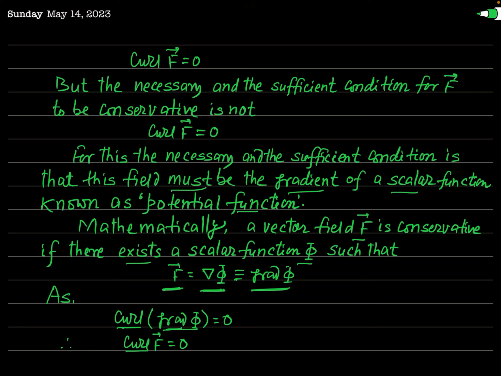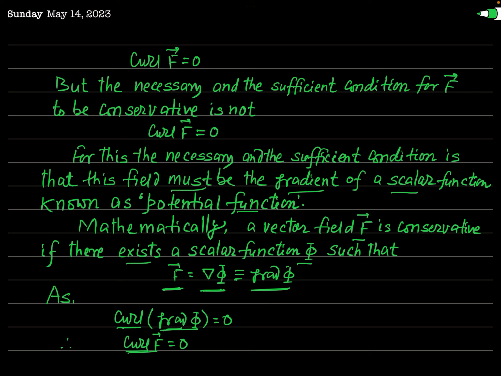So curl f equal to 0, but when this f is expressed as gradient of phi, then you can say that the field is conservative. But if curl f is equal to 0, but f is not equal to gradient of phi, in that condition the vector field will be only irrotational, not conservative.